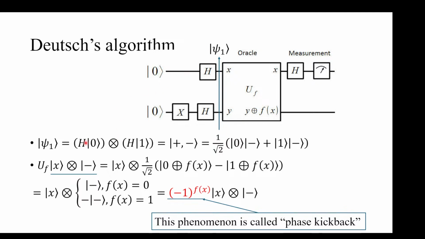We start with 0, 0, and then we apply X and H on the second qubit and H on the first qubit. Everything still stays in a tensor product. The first qubit becomes this plus state, which is 0 plus 1, so we are in an equal superposition of 0 plus 1 on the first qubit.